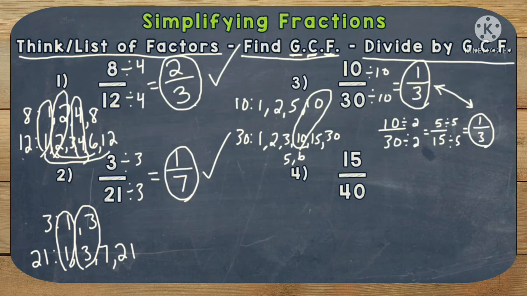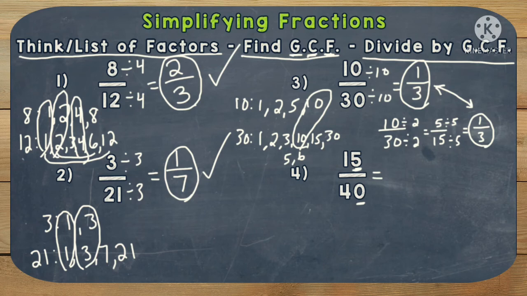So let's try number 4 here. We have 15 and 40. So I'm going to give you a little hint here. Anything that ends in a 5 can be divided by 5. Anything that ends in a 0 can be divided by a 5 or a 10.